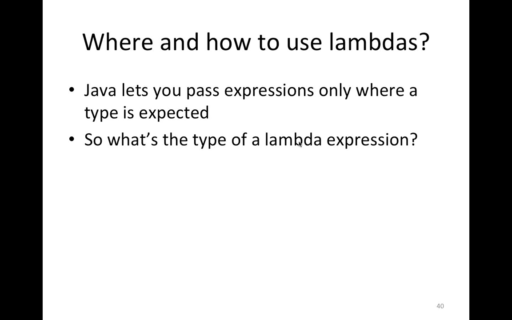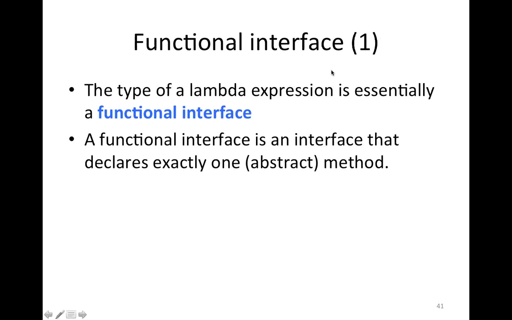So I can pass an array list to a method because that method is expecting a list interface or an array list. I can pass an integer to a method because it takes an integer as an argument. So we need to do the same exercise for lambda expressions. What is the actual type of a lambda expression? The answer is, the type of a lambda expression is a functional interface.